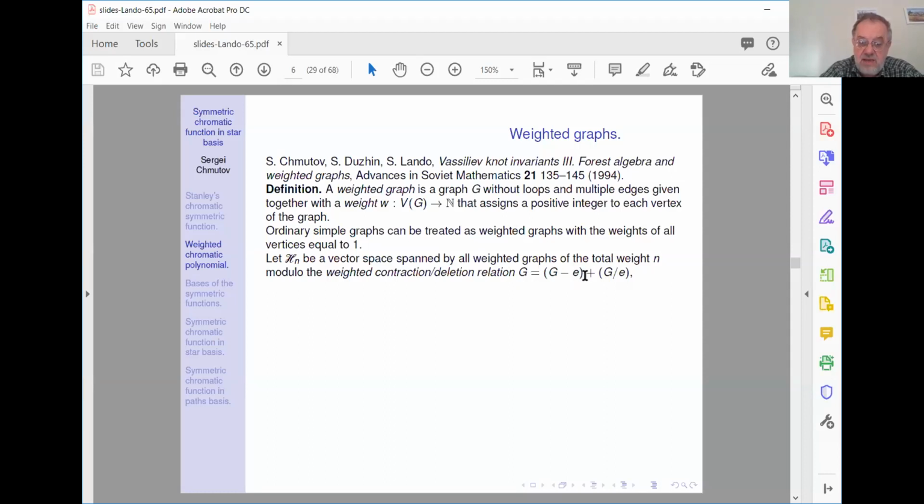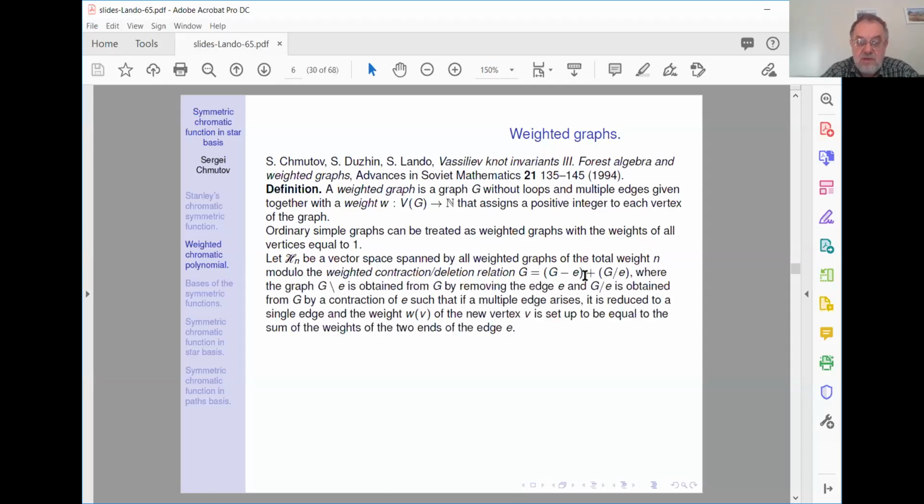So we can take the quotient by that. Only for the contraction, it has to be careful. I contract an edge, but the weights are supposed to be summed up. So that is the main property.